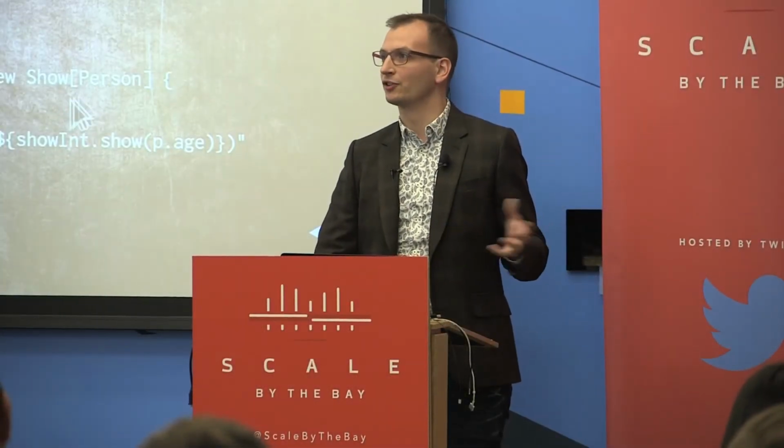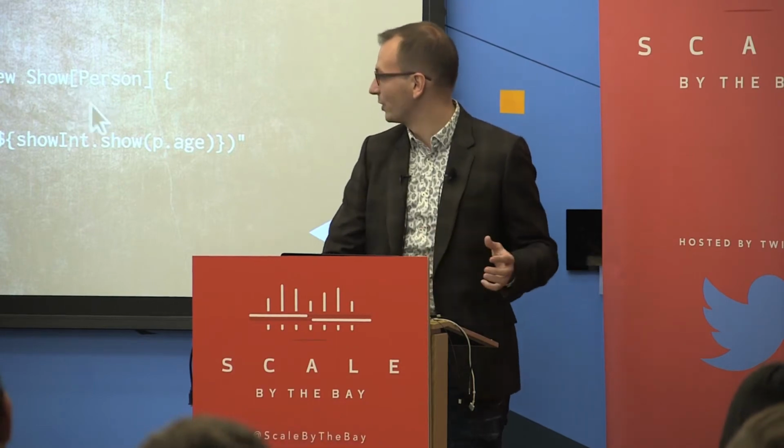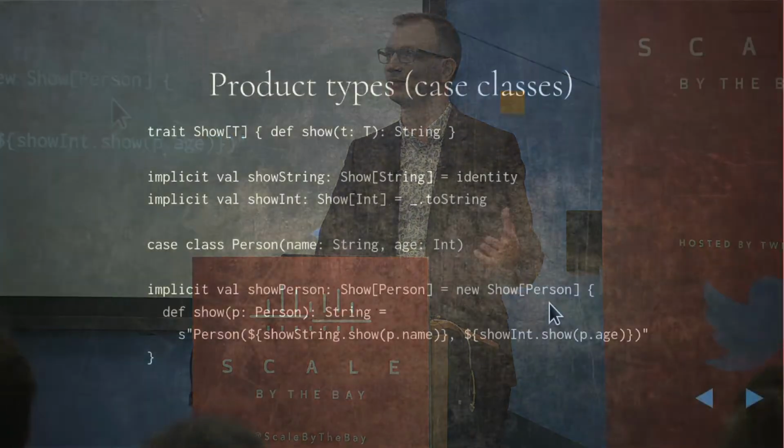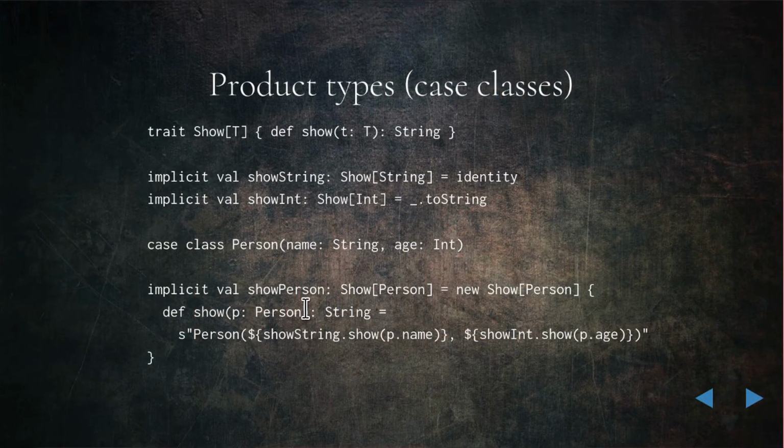We construct a new Show of Person, and we implement our show method with this string here, which uses the string Show instance. It uses the Int Show instance, which it gets from up here, and it just calls show, passing them the parameter components of that case class. Joins them all together, puts them in a string, prefixes it with the word Person.